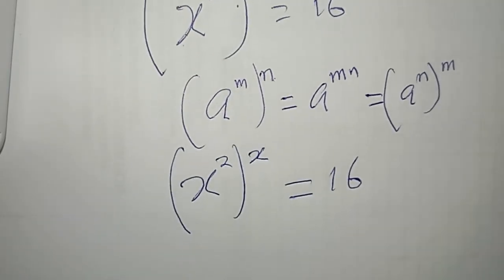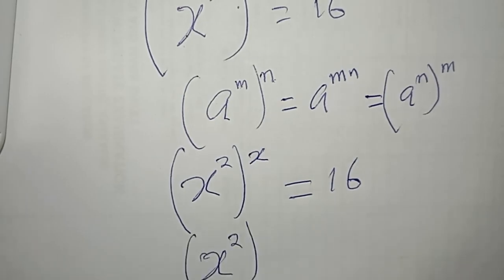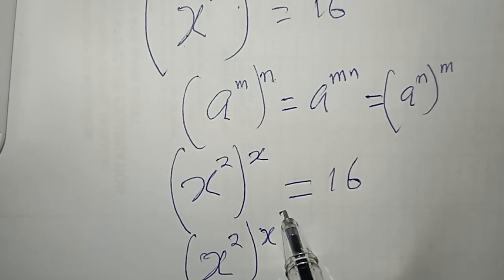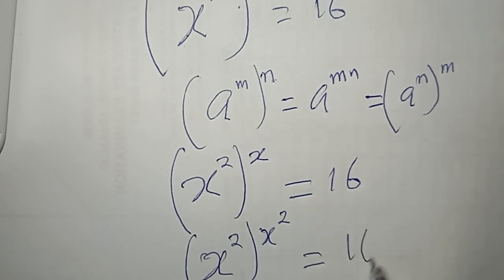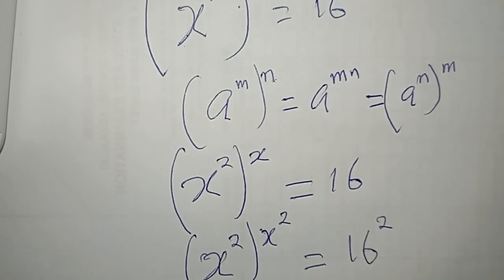Okay, so next, I am going to raise both sides to power 2, so that if I do that, I will be having x power 2 and then all raised to power x and then power 2. So that I have that this is still equal to 16 power 2.